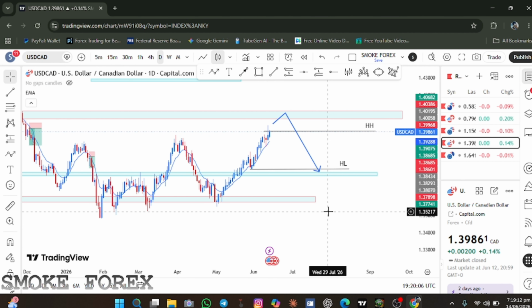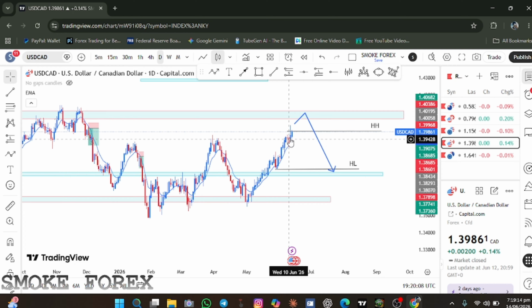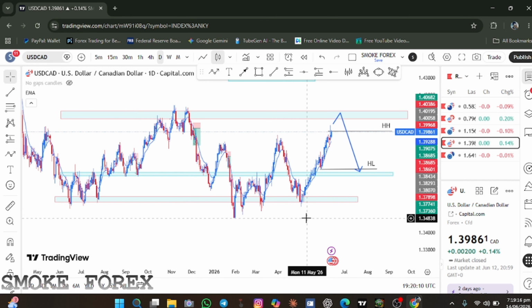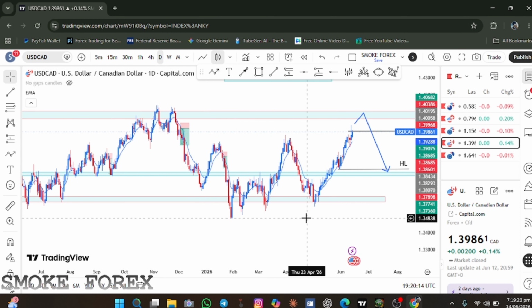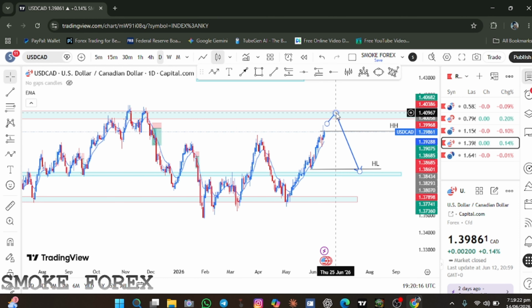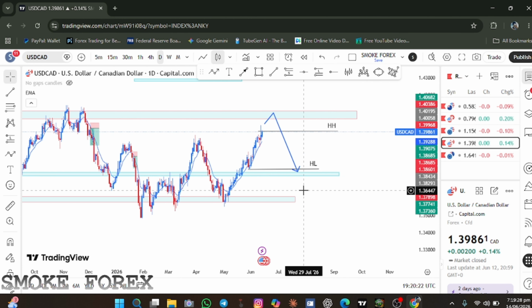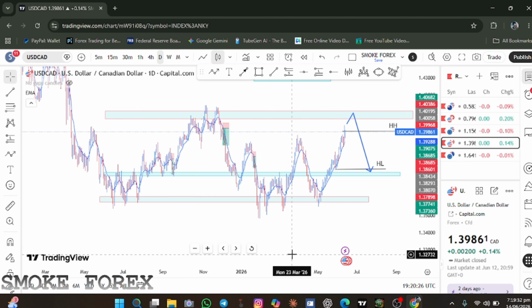Our next pair is USD CAD. With USD CAD, I'm looking forward to sell off this area because I think the market will get here, try to grab some liquidity, to fuel it to continue the buy trade.